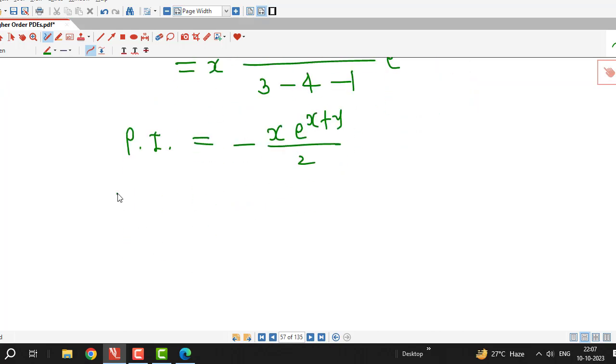And once we have the particular integral, we can write the general solution.